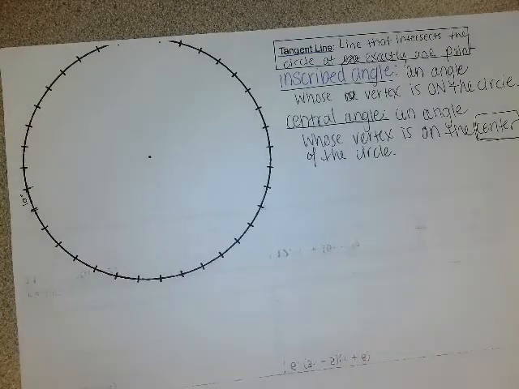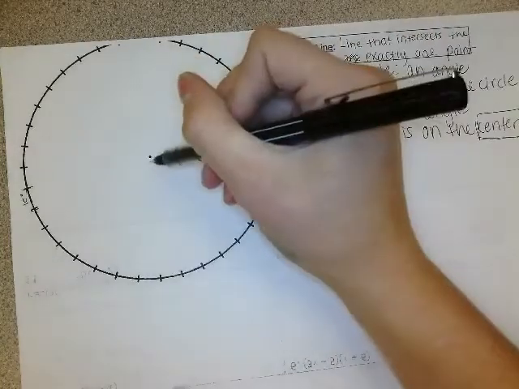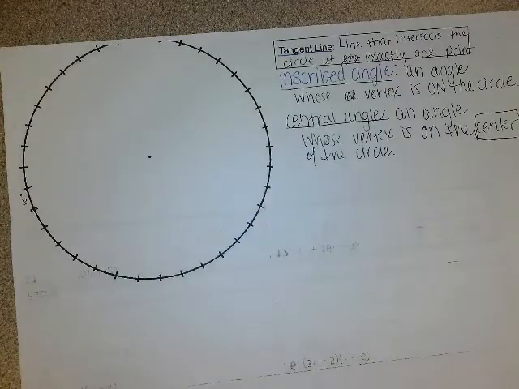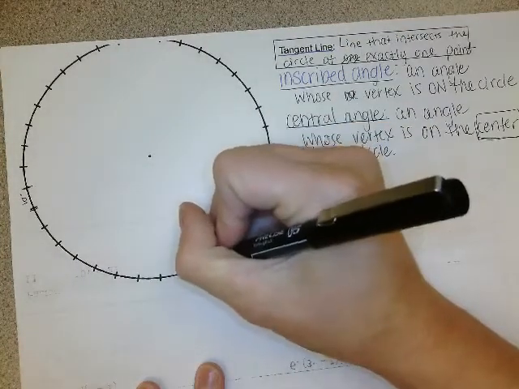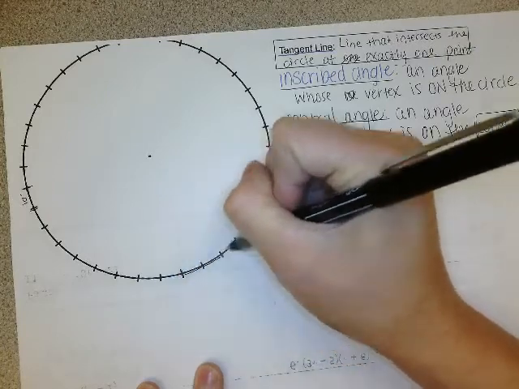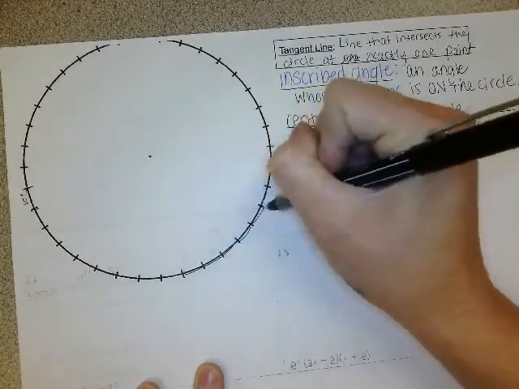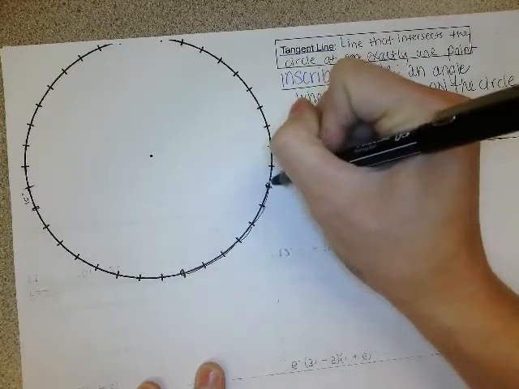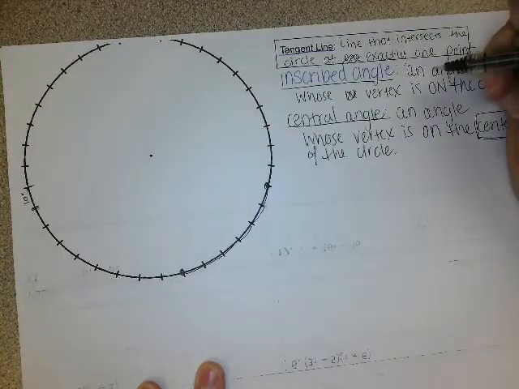So what I want you to do is make a central angle that is 60 degrees. Now, we know that the central angle is equal to the arc measure, right? So just count 1, 2, 3, 4, 5, 6. And your endpoints are there, and that should be your angle.